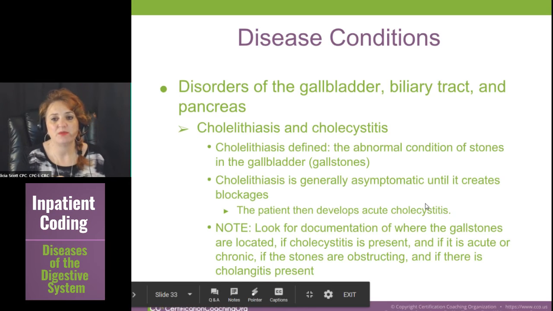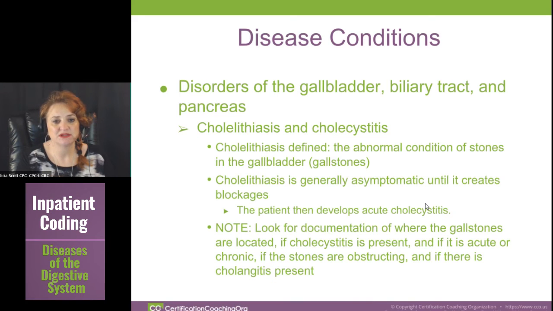Let's now look at the gallbladder, biliary tract, and pancreas. Cholelithiasis and cholecystitis, abnormal conditions of stone in the gallbladder. So gallstones, very, very painful. It's usually asymptomatic until a blockage occurs.